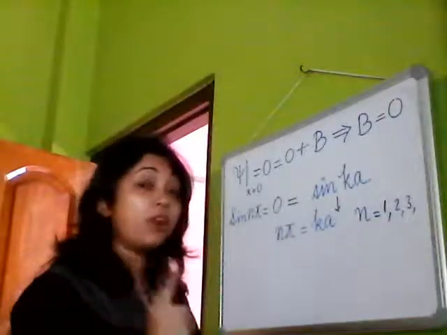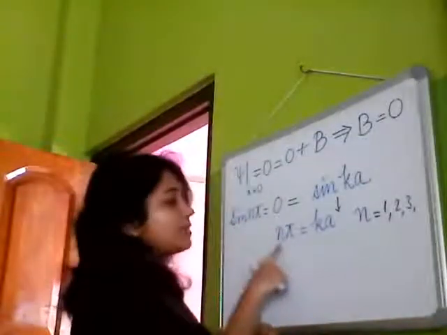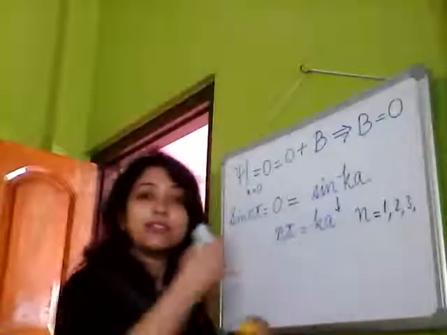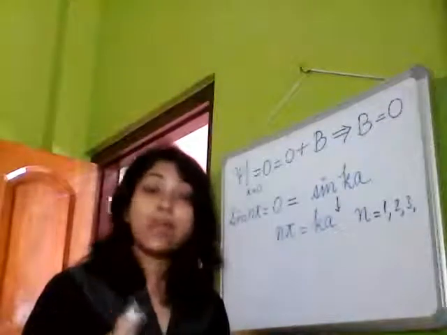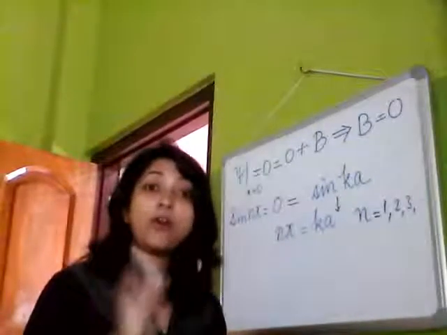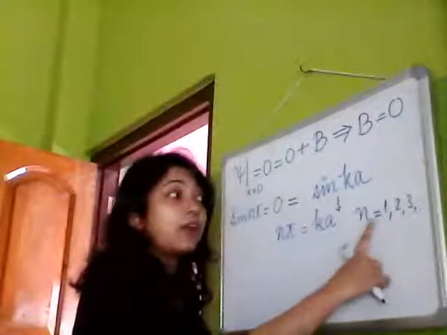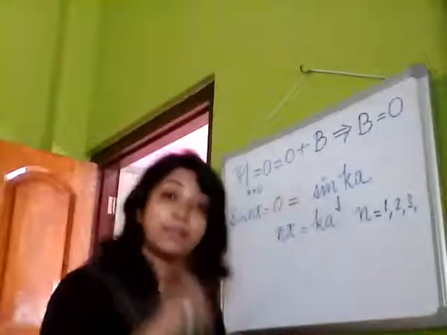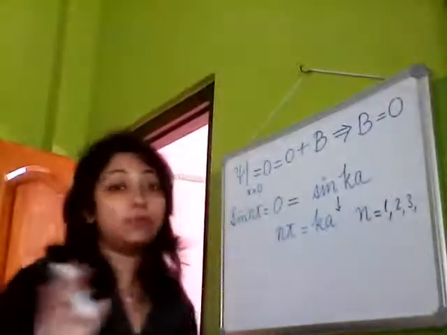However, see, I have not written n is equal to 0. Why? Because again, if I write n is equal to 0, the entire solution will vanish and my wave function will vanish. And hence, for a plausible solution, for a physically significant solution, n values can only start from 1 onwards. Either 1 or 2 or 3 or any higher number, but not n is equal to 0.